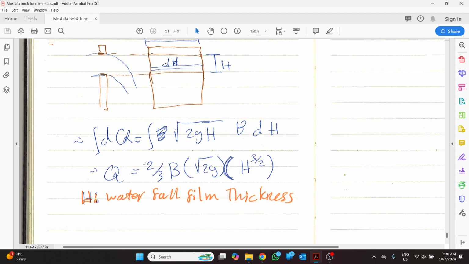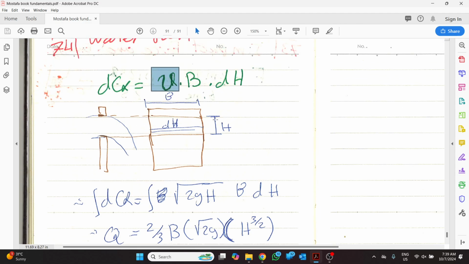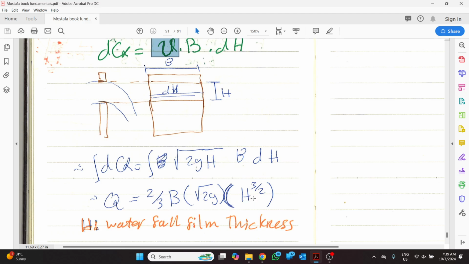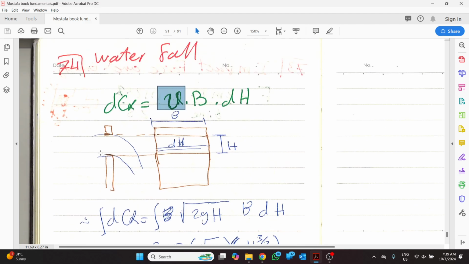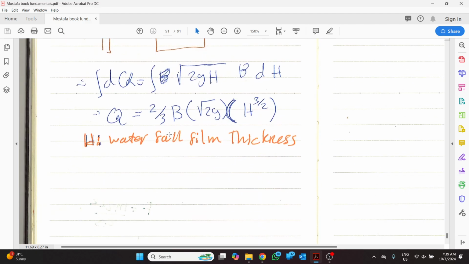Voila, it will be 2/3 times b, the width, times √(2g) times h^(3/2), and h is the water film thickness. That's it. Okay.